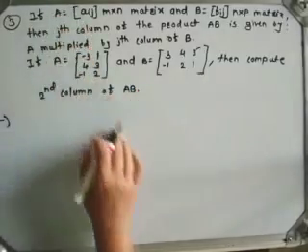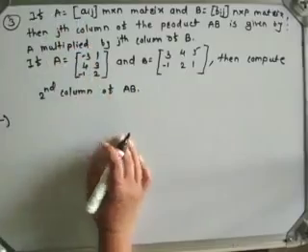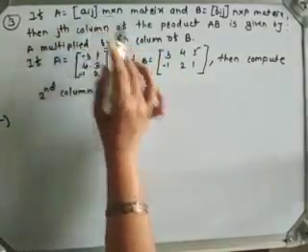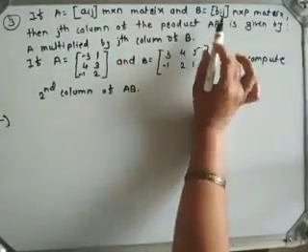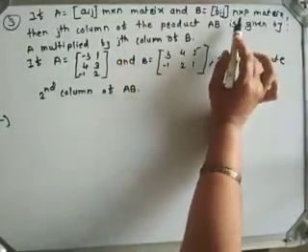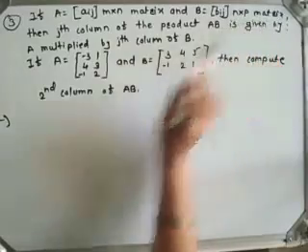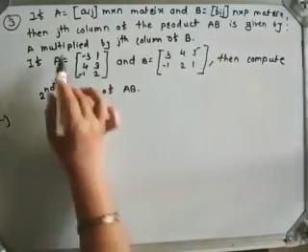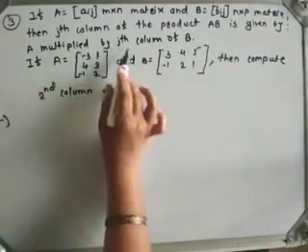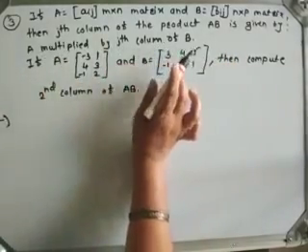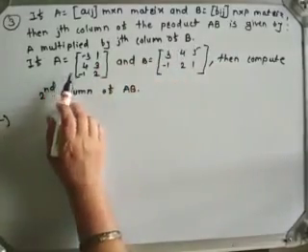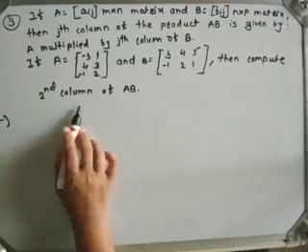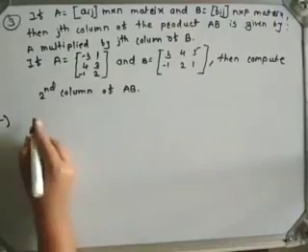Here A is an m by n matrix, which means the size of matrix A is m by n. B is the matrix Bij of size n by p. Then the jth column of the product AB is given by A multiplied by the jth column of B. Here we have been given matrix A and matrix B. Then we have to find the second column of AB.